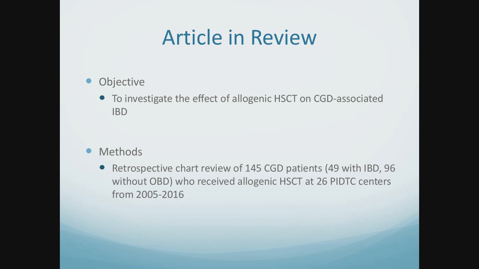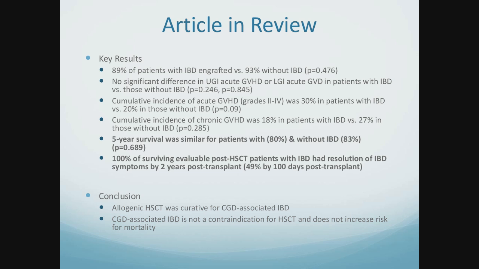So 2/3 didn't have IBD, and all of them received allogeneic stem cell transplant, among 26 PIDTC centers over an 11-year span. Looking at the key results, both populations engrafted very well: 89% with IBD, 93% without IBD. There was no statistically significant difference.